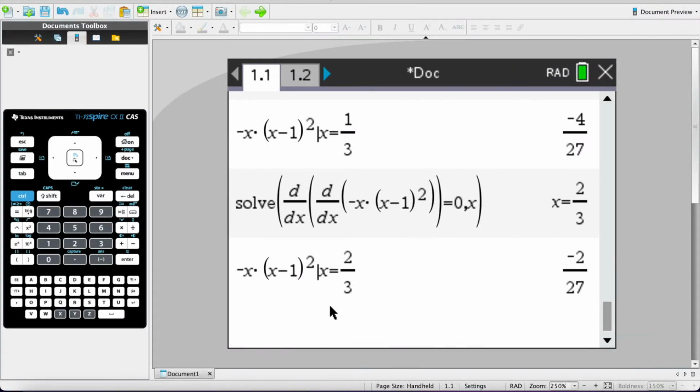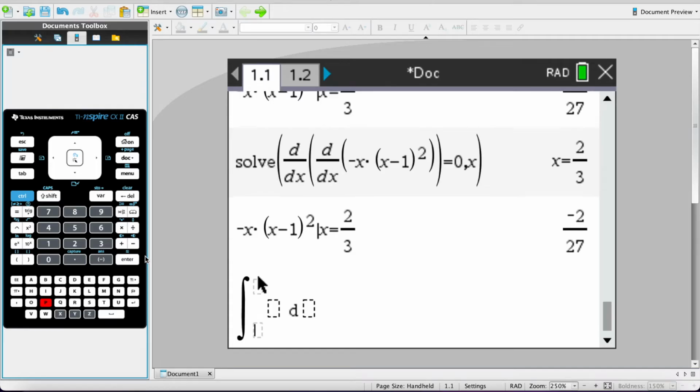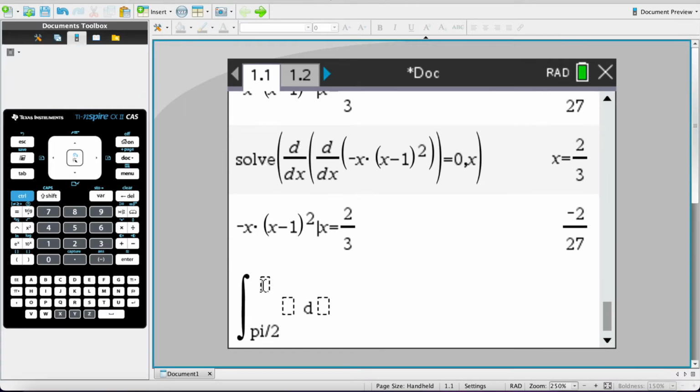Find the length of the elliptical path, give your answer in kilometers. So let's just evaluate that integral. Shift plus for an integral, pi on 2 to pi.